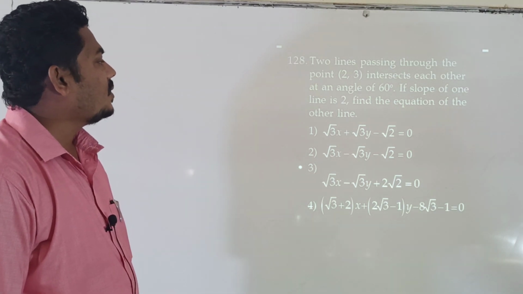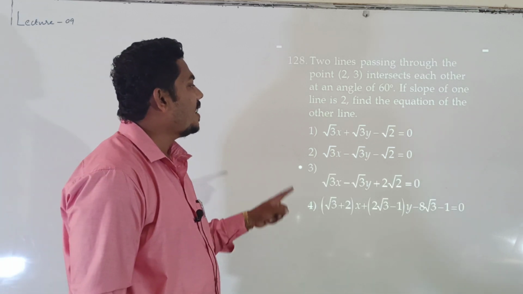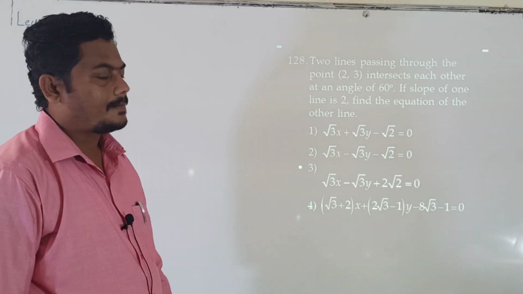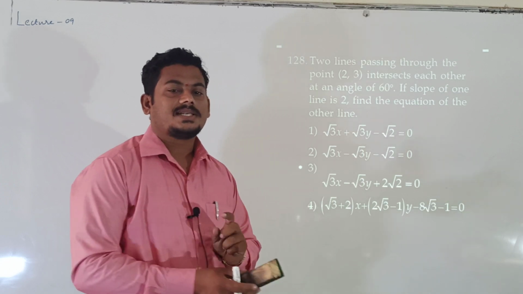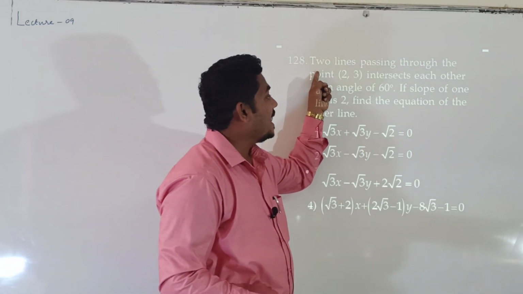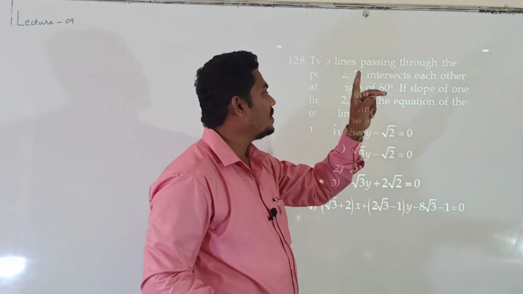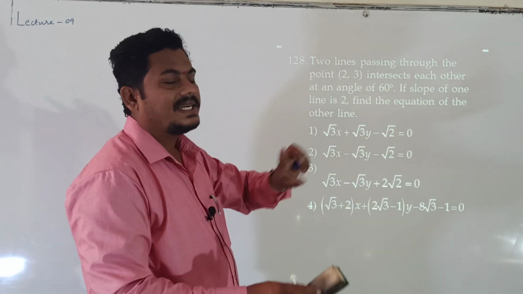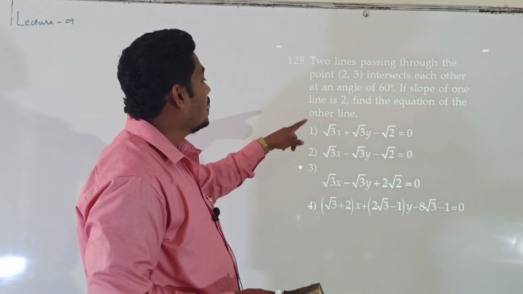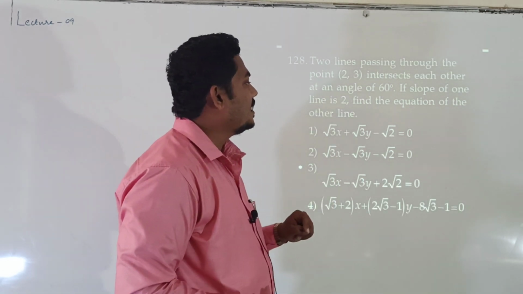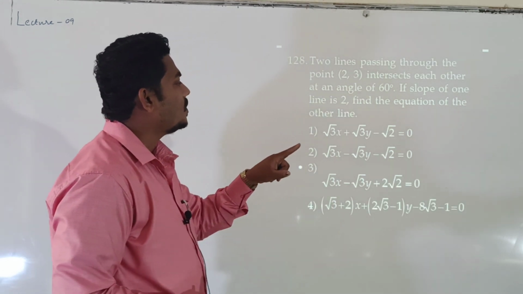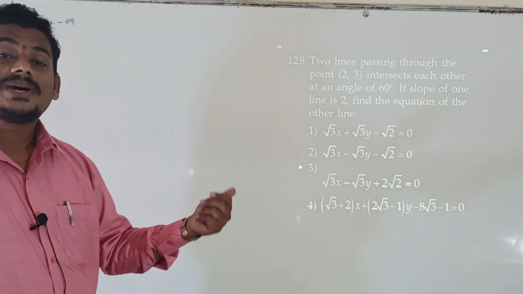If the slope of one line is 2, find the equation of the other line. I will read once again. Two lines pass through this point and intersect each other at an angle 60 degree. If the slope of one line is 2, then find the equation of the other line.